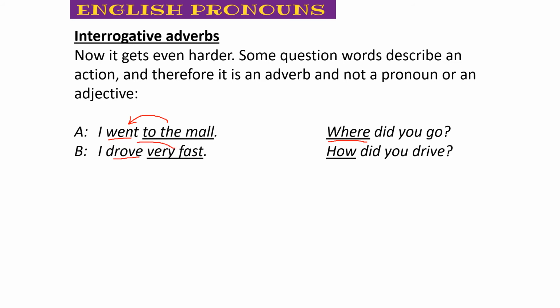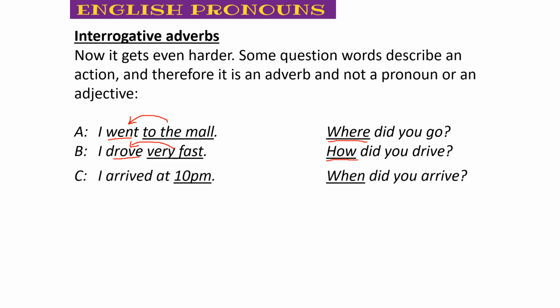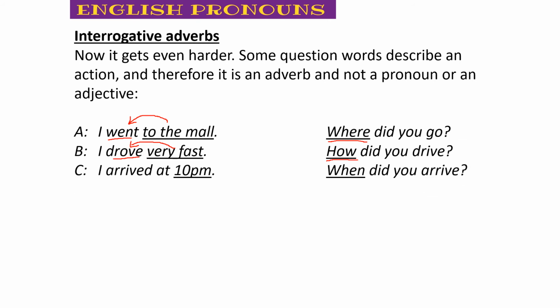That describes drove. So then how becomes an interrogative adverb. How will always be an interrogative adverb. And it says, "I arrived at 10 p.m." Arrived is an action. 10 p.m. describes when you arrived, and it is replaced with when, which will be an interrogative adverb, because it replaces those descriptions of the actions.